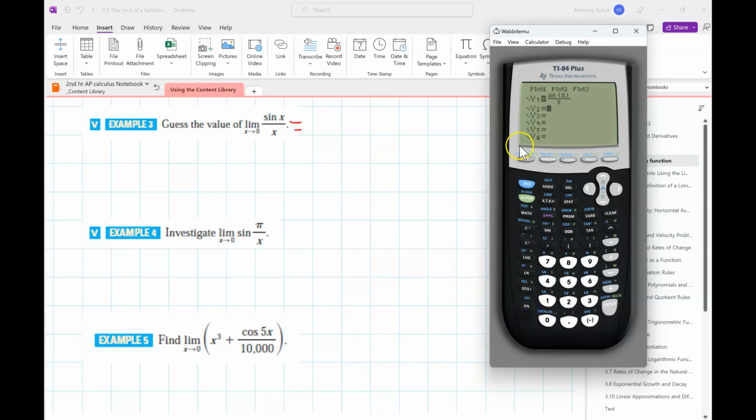So if we did this, I'm going to zoom trig this. Oh, and I'm in the wrong mode. Put that in radians.